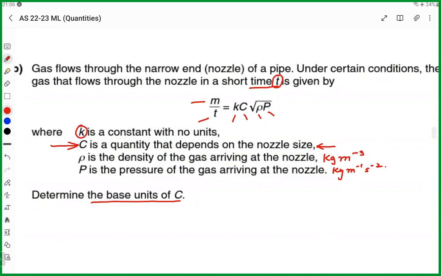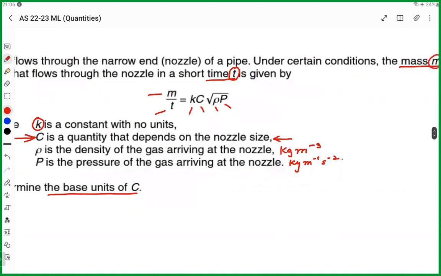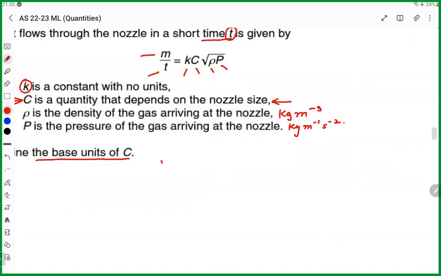What do we do when we have to find a unit of something? We make it the subject of the formula. So C will be equal to M divided by T into K, multiplied by the square root of density into pressure. I could simply ignore K over here, but I will do it in the next step.